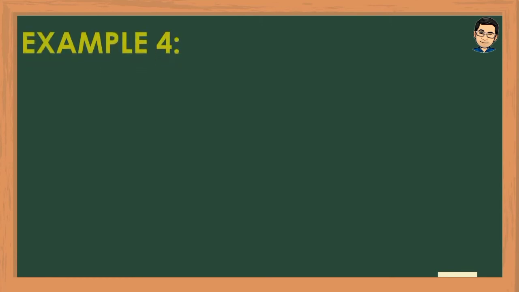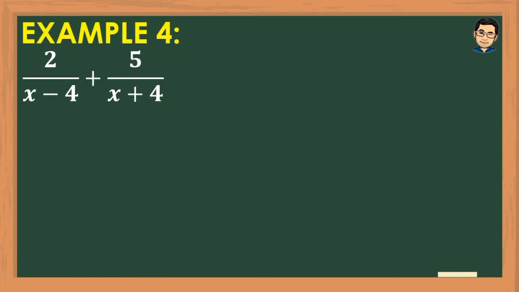So, for our next example, 2 over x minus 4 plus 5 over x plus 4. So, yung LCD po nito, so since magkaiba po, pagsasamahin lang po natin. So, x minus 4 times x plus 4. So, i-rewrite natin.